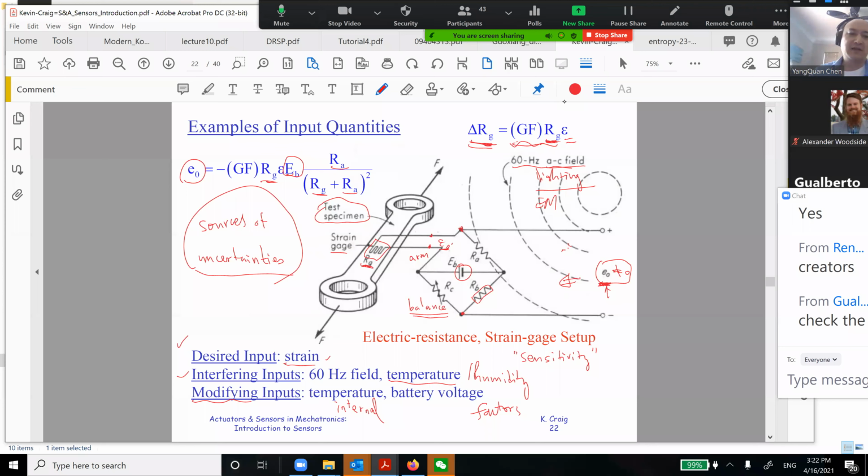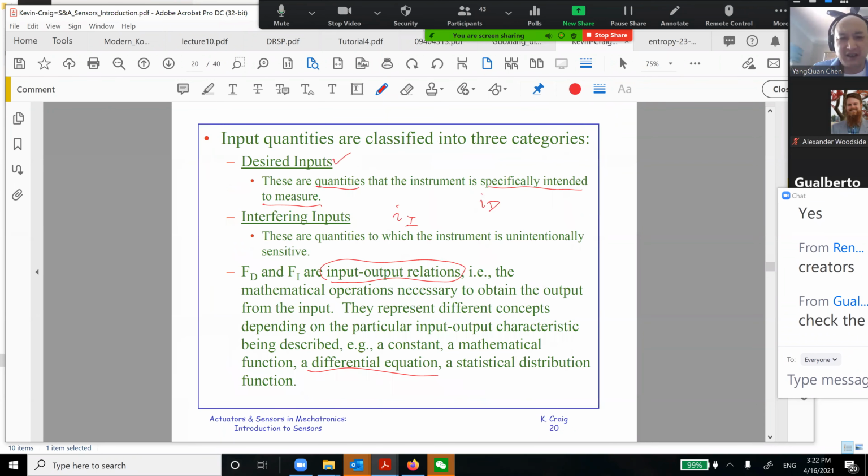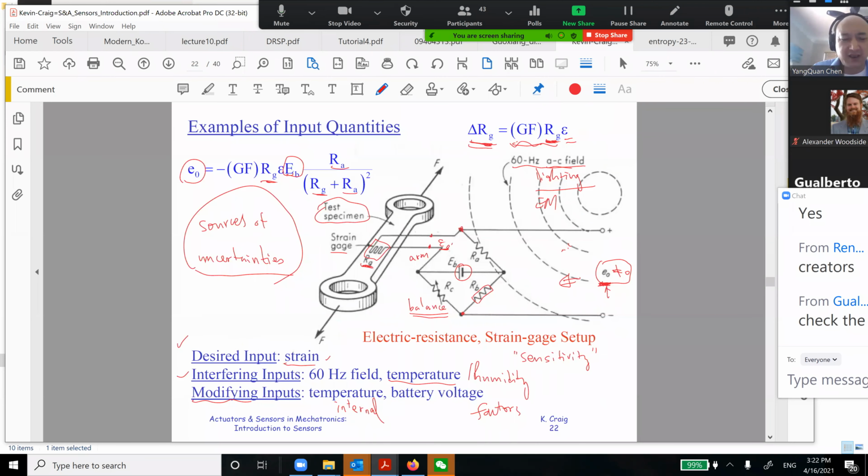So with that, we identified the three things of this picture. The interfering input, that's easy. Say for example, you are in a room, so you always have this type of 60 Hertz alternating current field at home.